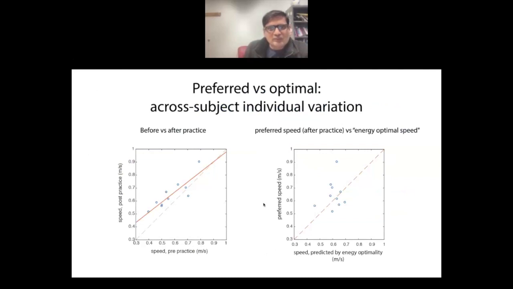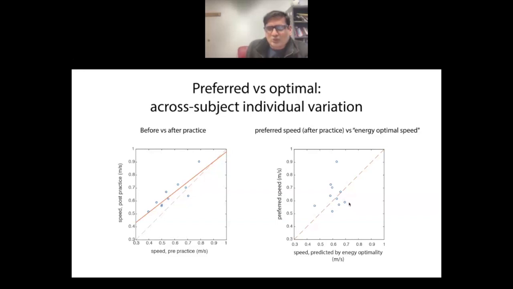A couple of notes on these results. People's pre-practice and post-practice speeds were very highly correlated, even though not exactly one-to-one. And interestingly, because we had individual energy cost data for the 10 people, if you computed the energy optimal speed and plotted it against the preferred speed, there was actually not a very high correlation.